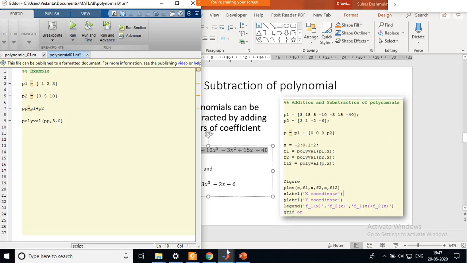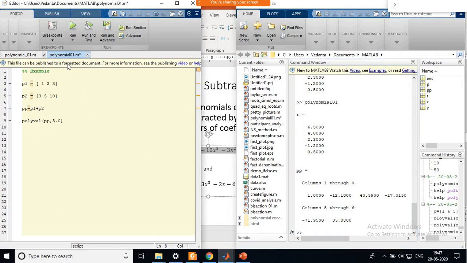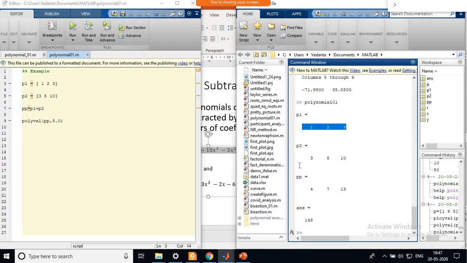You can just look at the output, how it gives an output. This is our first polynomial, then the second polynomial, then the addition of this. You can look at this: 1 is added to 3, 2 is added to 5, 3 is added to 10 and it gives 13.